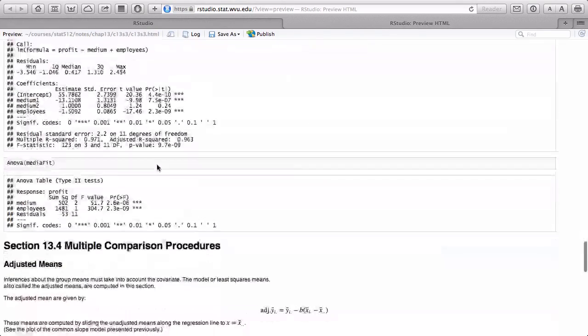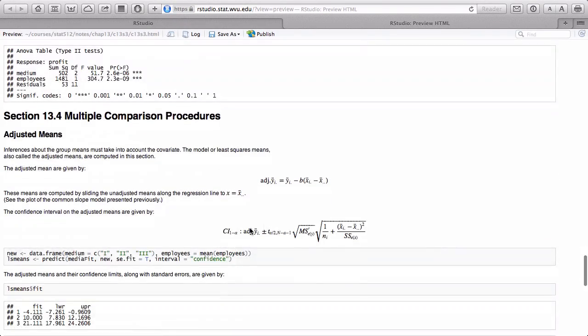So how do you actually compute the adjusted mean with formulas? Well, we can do that fairly easily in this simple case. The adjusted y-bar is simply the unadjusted mean, these are the sample means right here, minus b times the deviation x bar sub i minus x bar.